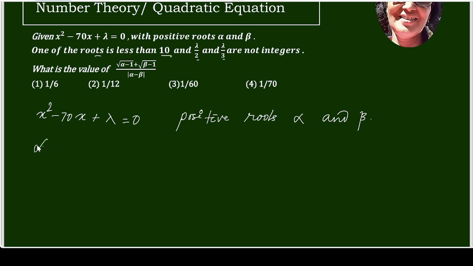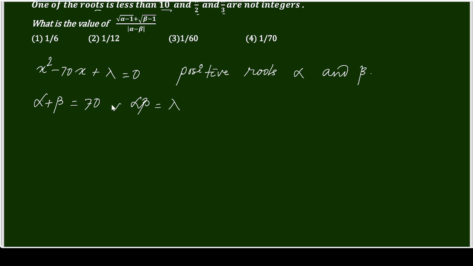So we know that the sum of roots alpha plus beta, for this particular question, will be 70 and the product of the roots alpha into beta will be lambda. And what are the conditions? One root is less than 10. So let alpha be less than 10. Then beta in terms of alpha will be 70 minus alpha.